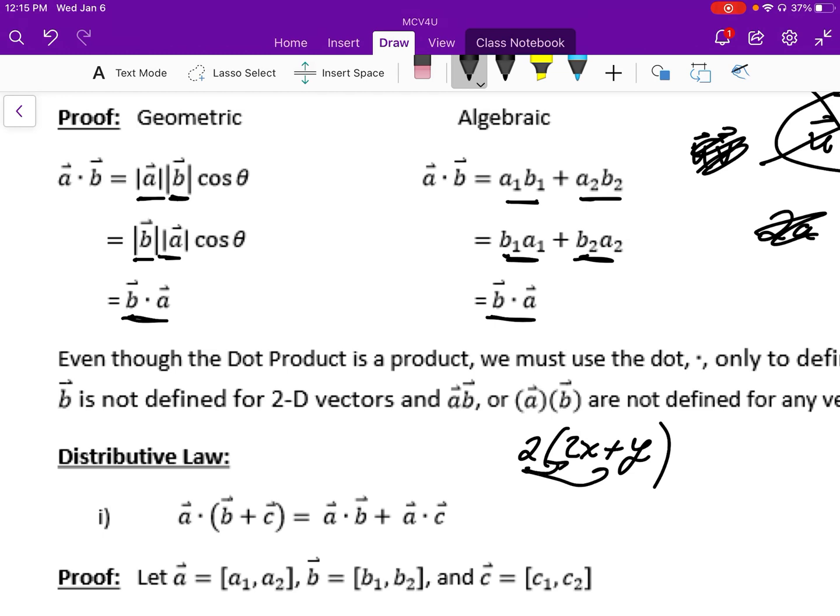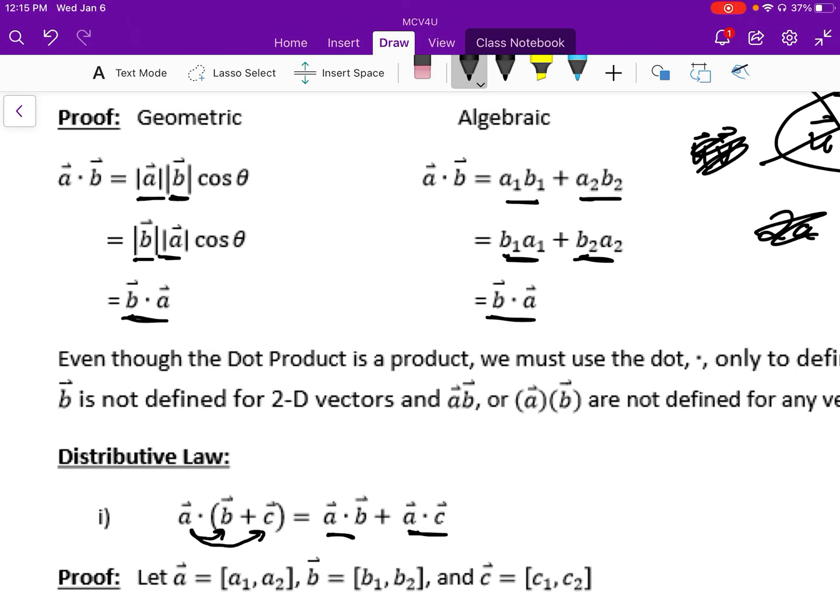What we're going to see is whether this distributive law holds true for vectors as well, over the dot product and vector addition. So here we go. We have A dot (B plus C), and we're going to try to prove that, in fact, that should be A dot B plus A dot C, just like we did with the scalars.